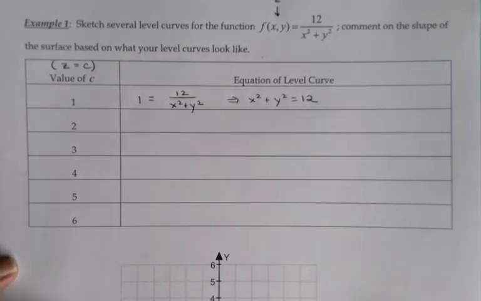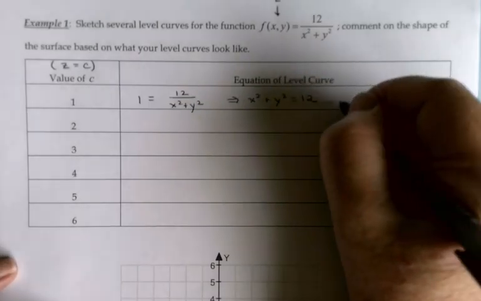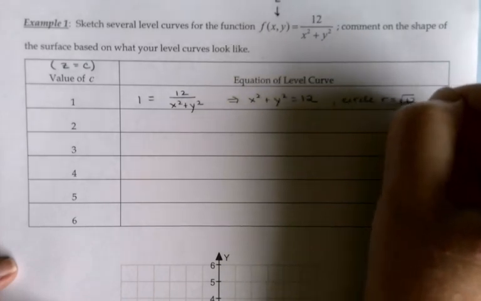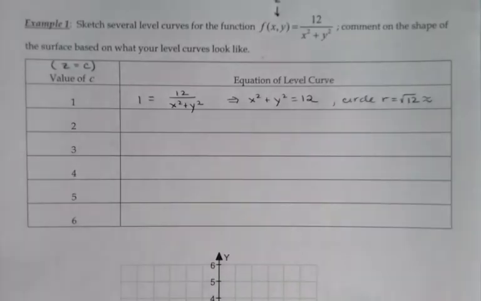And of course, that's just a circle whose radius is the square root of 12. Just so I can graph it, the square root of 12 is about 3.46.